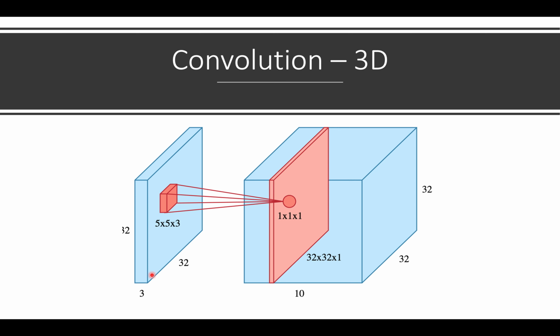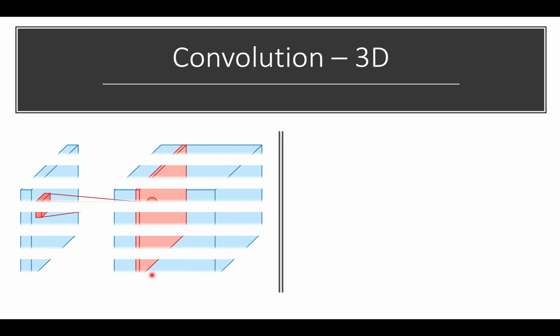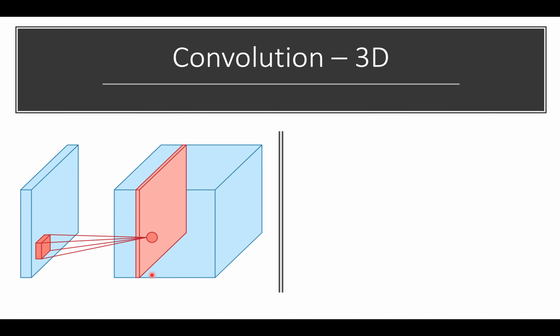We slide the filter over the input like before and perform the convolution at each step. Look at this one. It is how it is happening. And to help visualization, we slide the filter over the input as you can see.